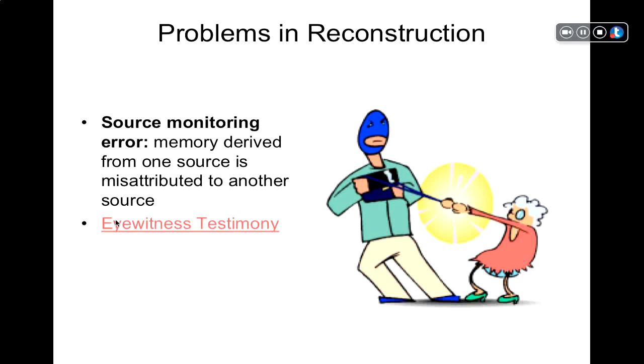Often people will have dreams that they'll confuse with reality. You'll recall something, you're certain that it happened in reality, but it's actually a dream. There are other instances where we misattribute the source of a memory, and this is source monitoring error. And again, in cases of eyewitness testimony, this can be very problematic, as you will see in the video.